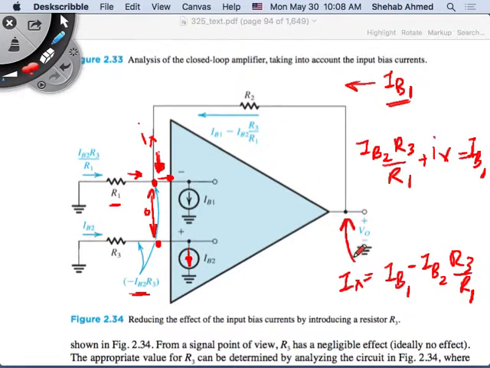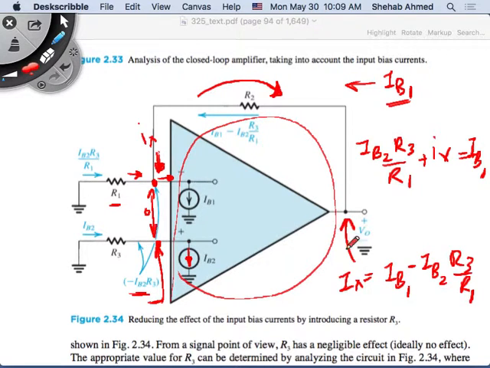The output in this case will be what? The output is this voltage here, equal to, this current is flowing in this direction, so it's equal to this, and then this voltage exists. There's a voltage here between ground and this node, so you have to consider that as well. And this is equal to minus IB2 times R3. So the output voltage is equal to, you take Kirchhoff voltage law around this loop.